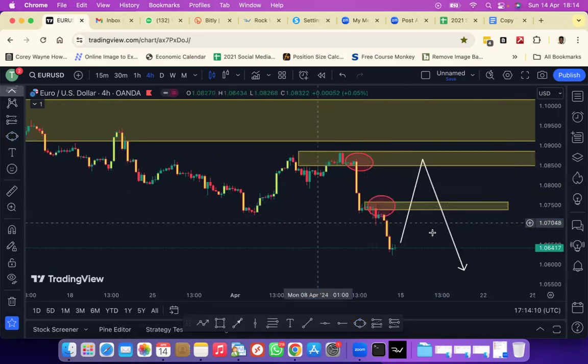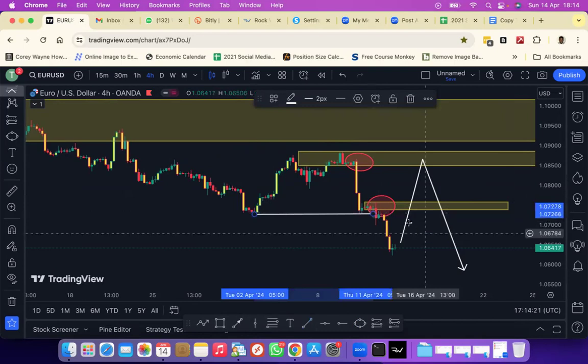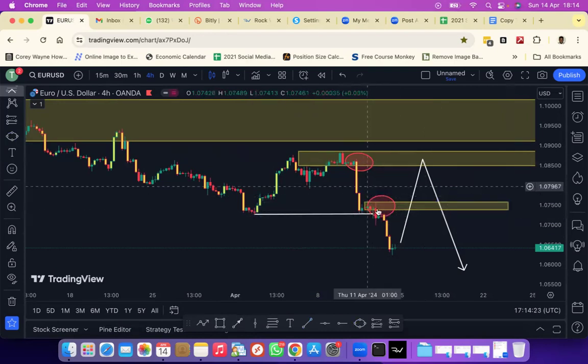It is risky because when you look at the price zone, it is at the flip zone over here. But again, if you're going to be selling in this particular zone, ensure that all your entries align on a lower time frame, and I would recommend that you use a much smaller risk than you normally use.